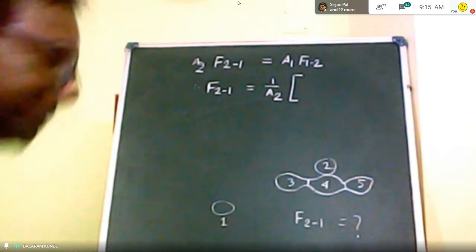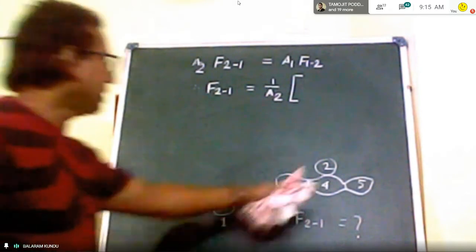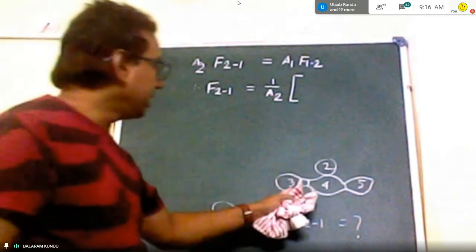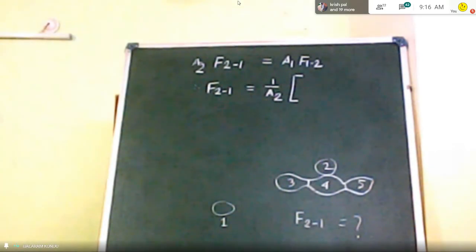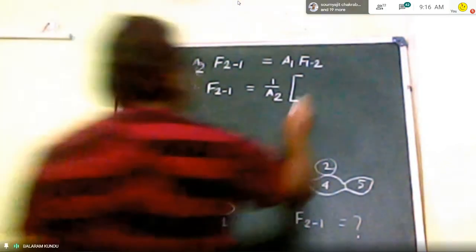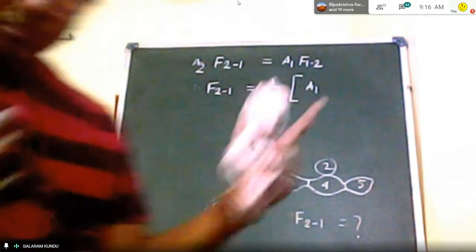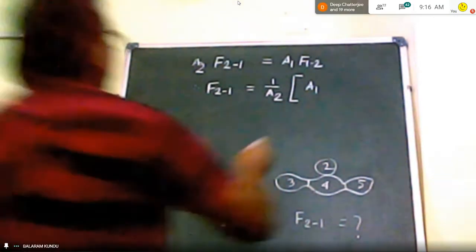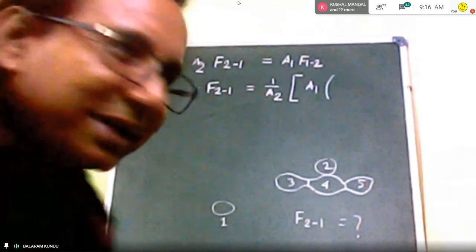So how can we apply it? We have already divided surface A2 into 3 parts, that is area 3, 4 and 5. So from the summation rule, F12 equals what expression can be written here? F12 equals what, Mr. Banerjee?